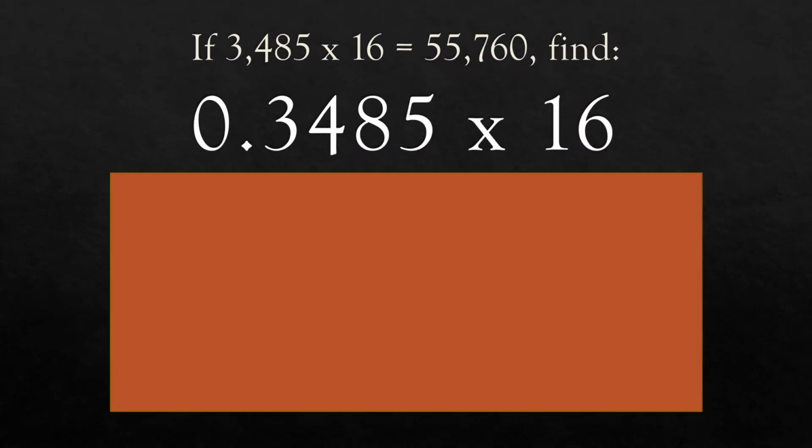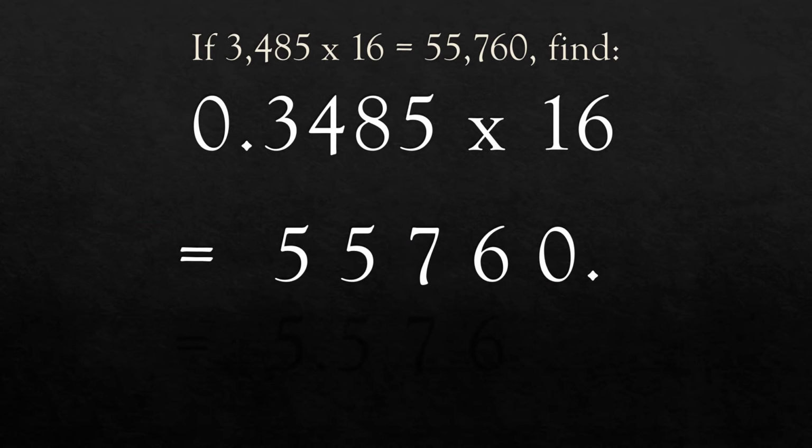Let us take one more example. If 3,485 multiplied by 16 is equal to 55,760, find the product of question number D, 0.3485 multiplied by 16. In this question also, by ignoring the decimal point, the product remains the same. That is 55,760.